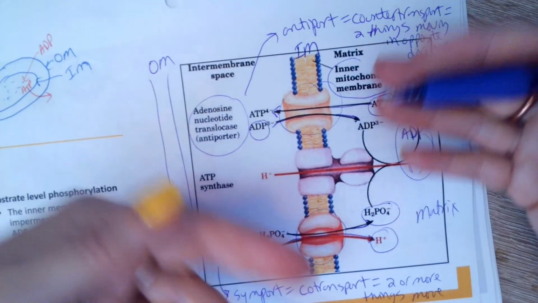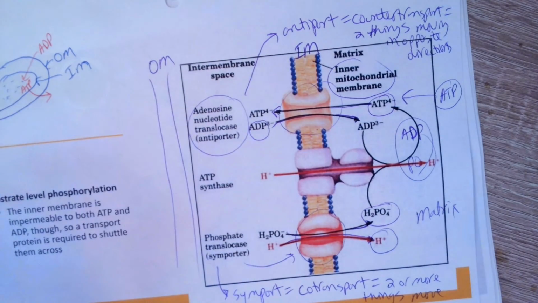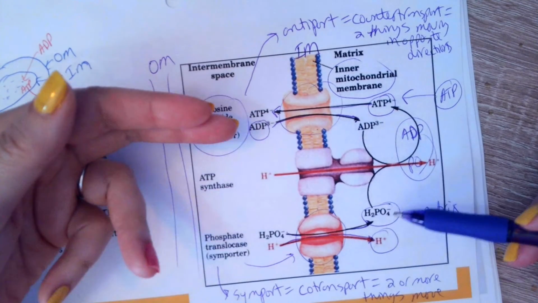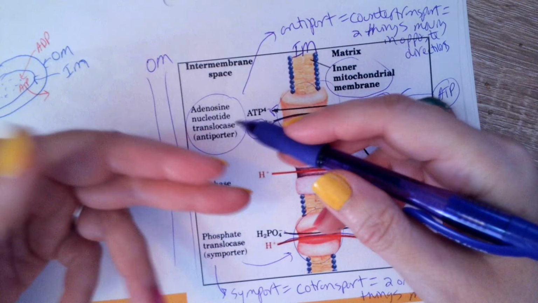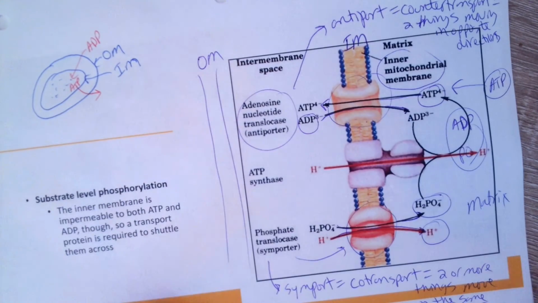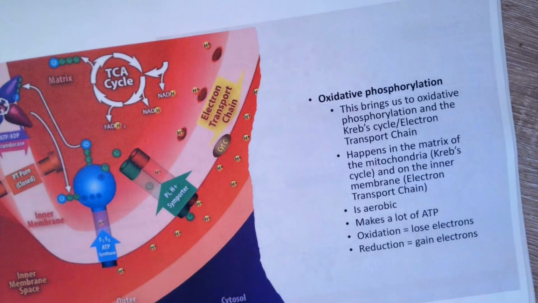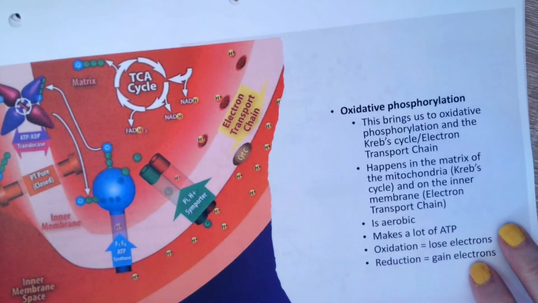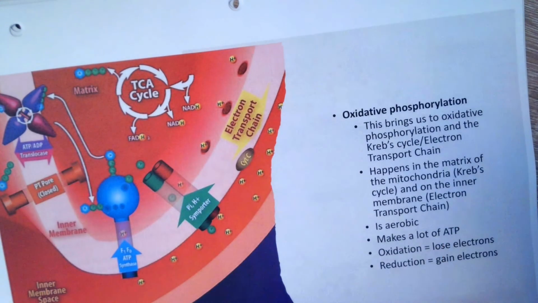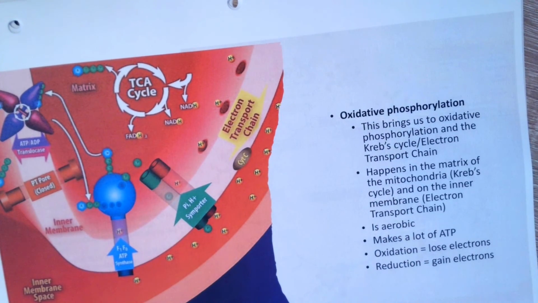These two carriers are dependent on each other, and you need to be able to shuttle these molecules across. Okay, so that's it for substrate level phosphorylation. Our next video will be about oxidative phosphorylation, which is where we get into the electron transport chain and all those sorts of things.